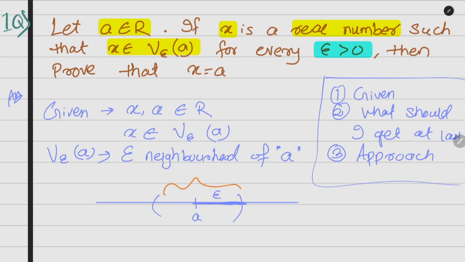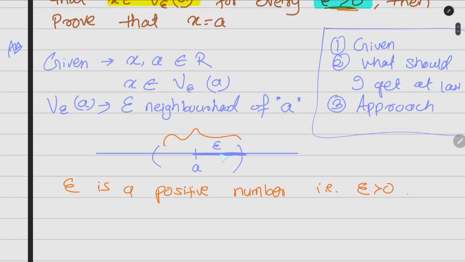X will lie somewhere, maybe here, maybe here, anywhere, we don't know, for every epsilon greater than 0. What is epsilon? Epsilon is a positive number, that is epsilon greater than 0. So X might be here or here, anywhere maybe.